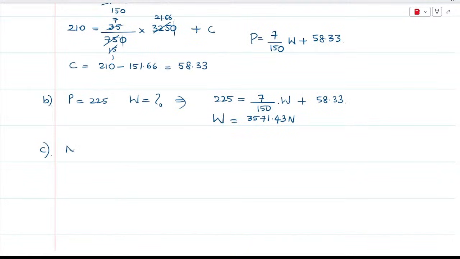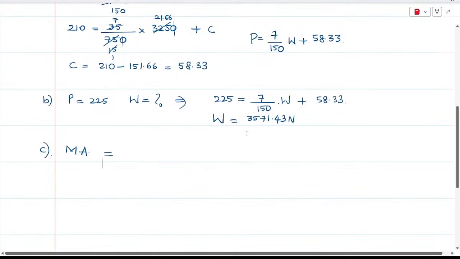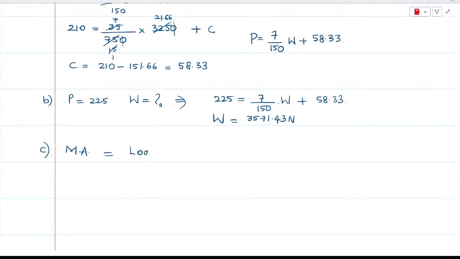Next is part C, about computing the mechanical advantage. Mechanical advantage is expressed as load by effort, and here in the problem we would be considering the maximum load that has been lifted. On that basis, the mechanical advantage is predicted. That is 3571.43 divided by the effort, which is 225.